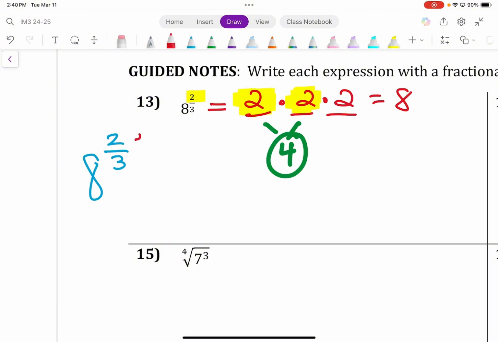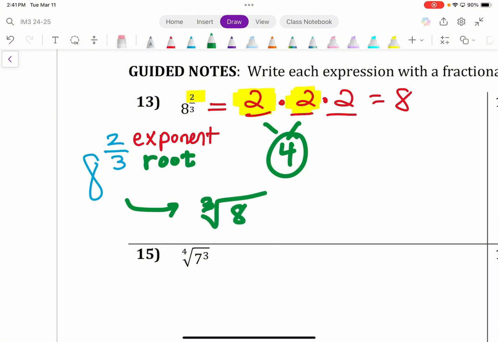The top number represents the exponent. The bottom number represents the root. So 8 to the 2/3 would need to be rewritten as the third root of 8, the cube root of 8 basically, raised to the second power.